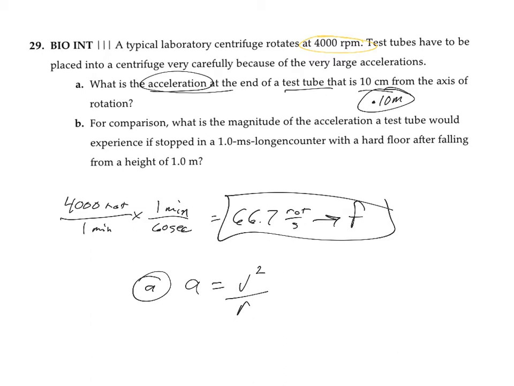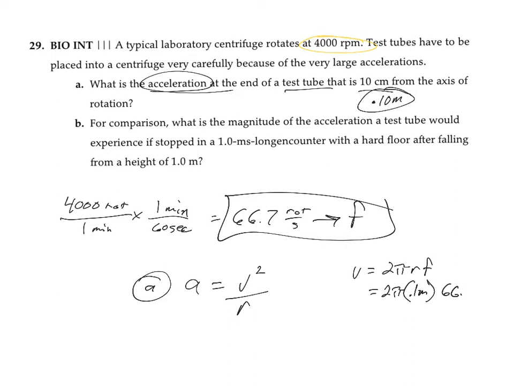I don't have a V, so I have to go kind of a step 2 and say V equals 2 pi R F. 2 pi, the radius is 10, not 10, 0.1. The test tube's going to stick out on one side and it's going to go spinning around, so that is the radius.